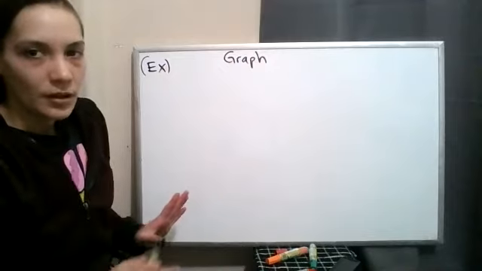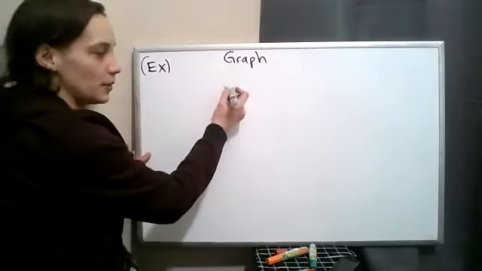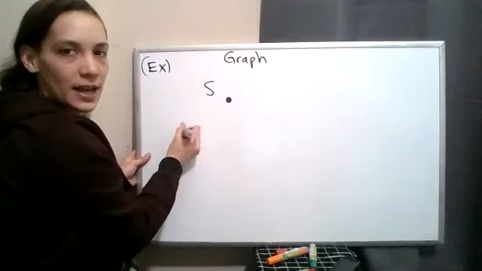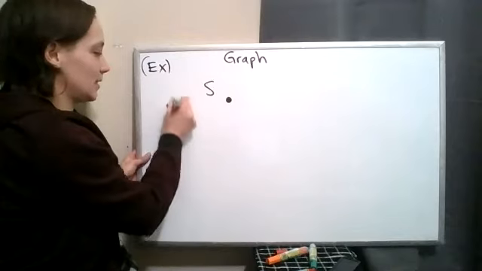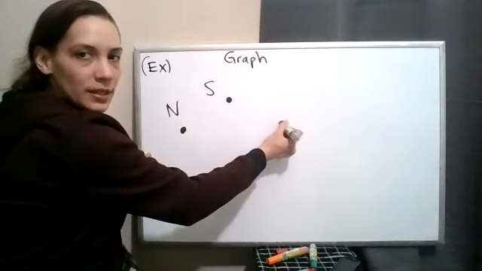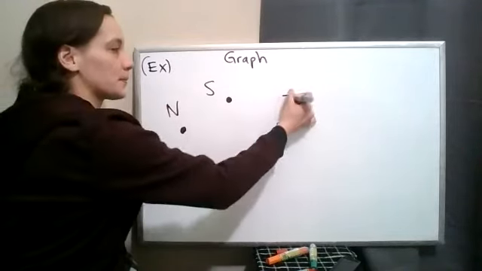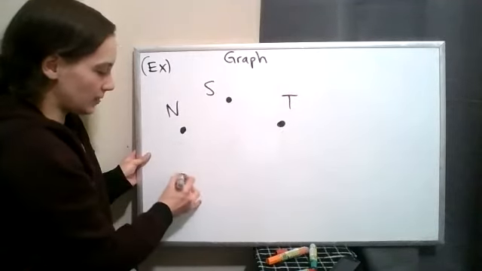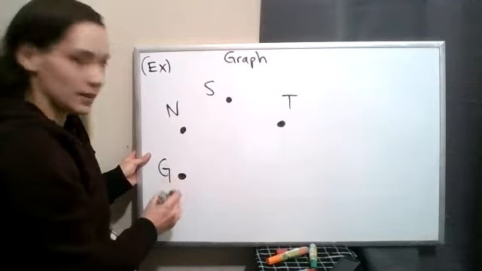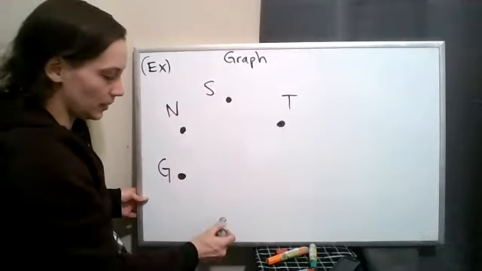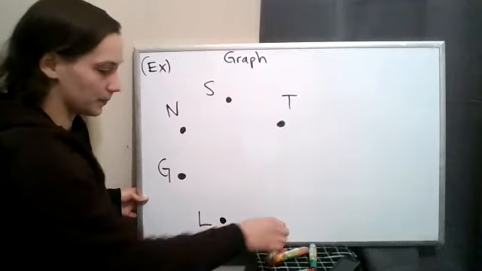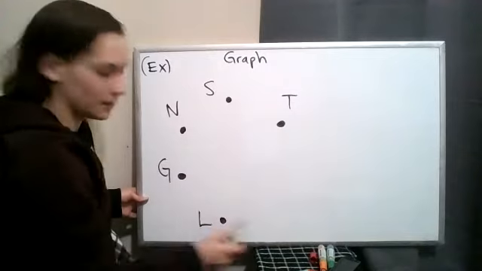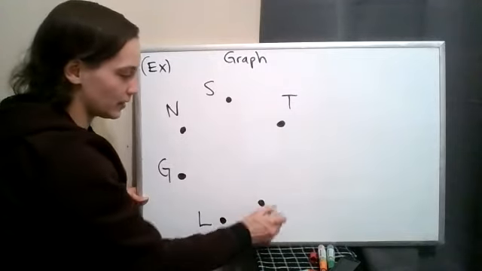So start with just all of the vertices, and the first one is at the top being S. Come down a bit and have N. Straight over, put a dot, labeled T. And then we're going to go down from N and have G. A little bit further down, we'll put L. And it's almost like a circle, kind of, with A right about here.